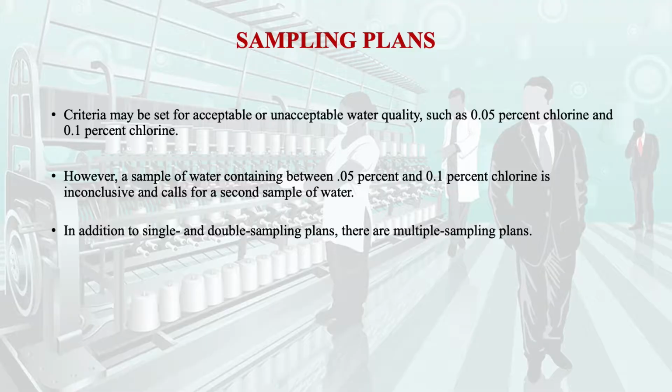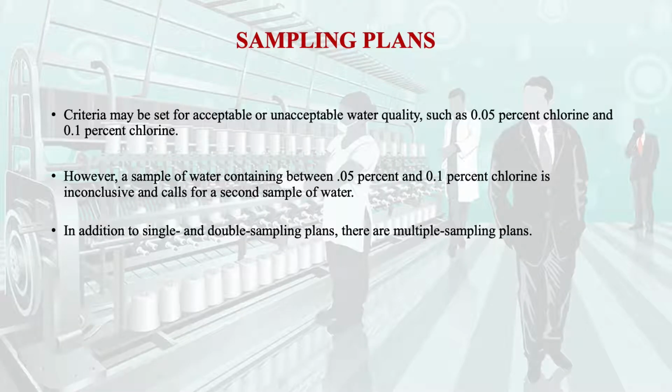That means if in our sample we are all the time getting the percentage of chlorine equal to 0.05 or less than 0.05, the decision is towards the acceptance of the lot. But if we are getting a value between 0.05 and 0.1, then our decision is inconclusive. We will go for the second lot.